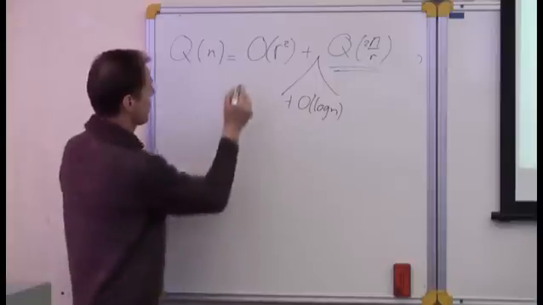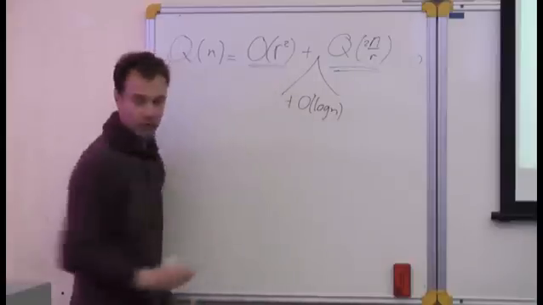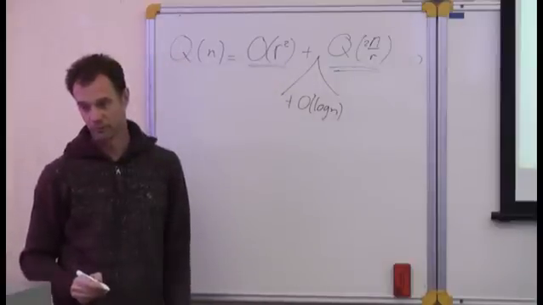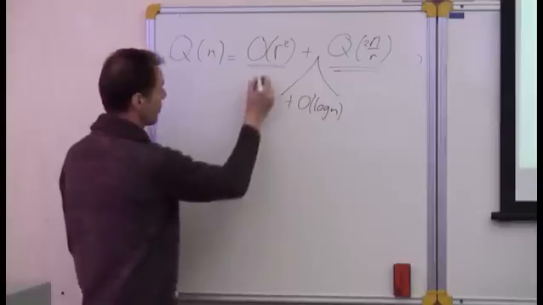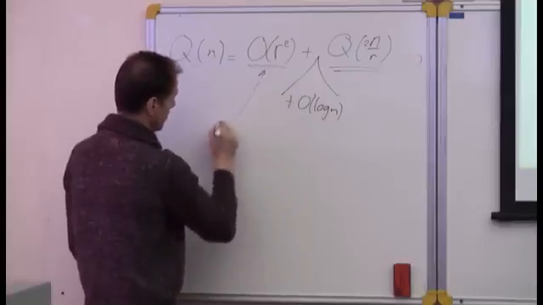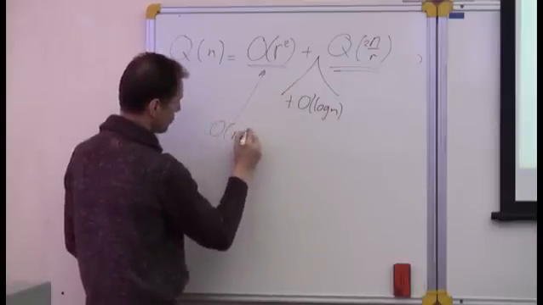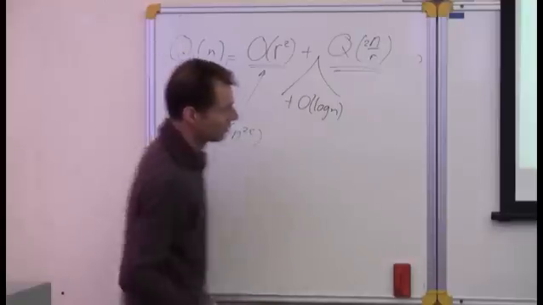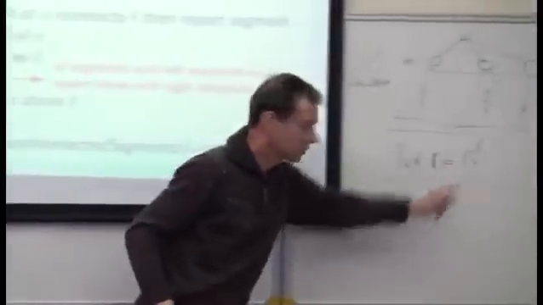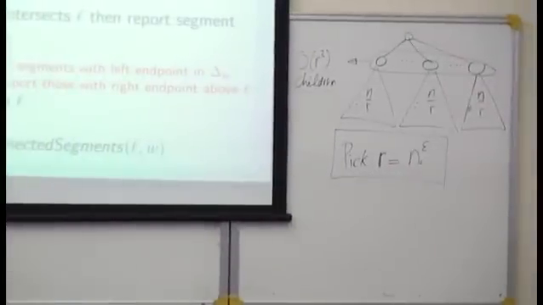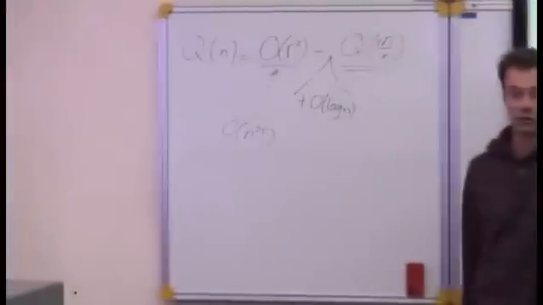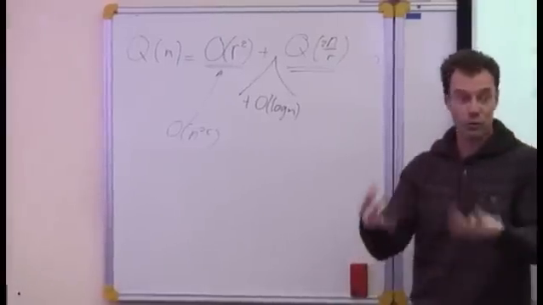But picking a large R is bad for this term. If I already put n to the 2 epsilon here, because I have this many children and this is my value of R, then the solution is going to be n to the power 2 epsilon or something, which is worse than log n.